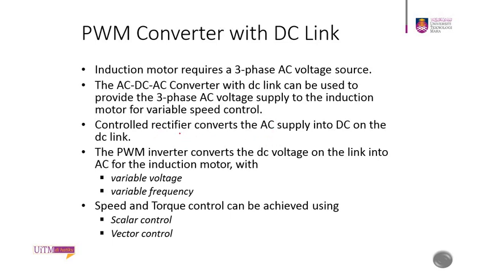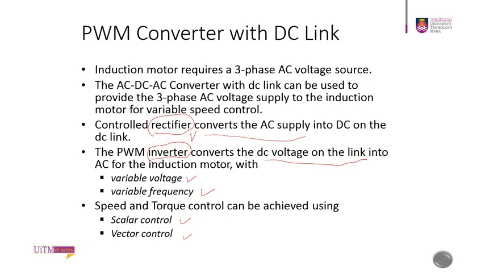The controlled rectifier converts the AC supply to DC on the DC link, and the PWM inverter converts the DC voltage on the DC link into AC for the induction motor with variable voltage and variable frequency. Both can be controlled by the inverter, but the rectifier only controls the voltage. The speed and torque control can be achieved using both scalar control and vector control.